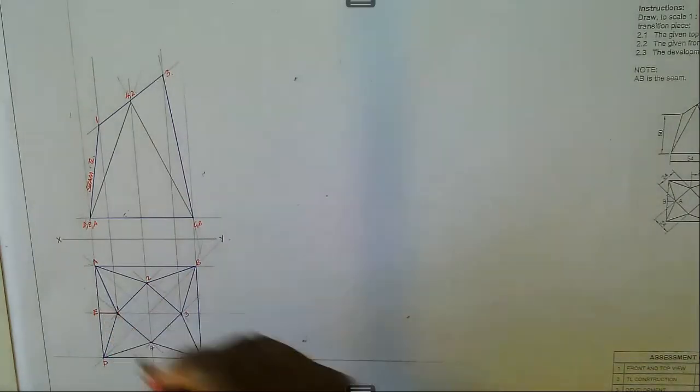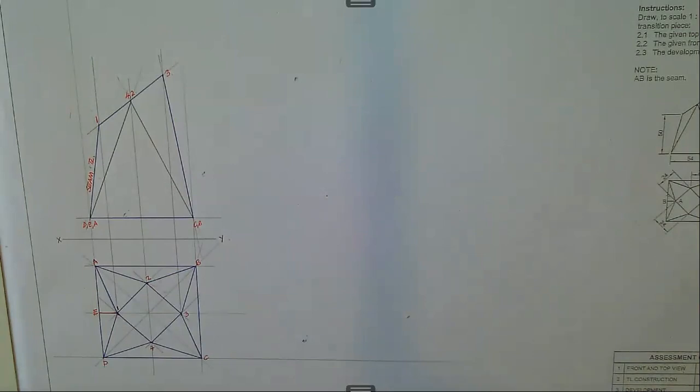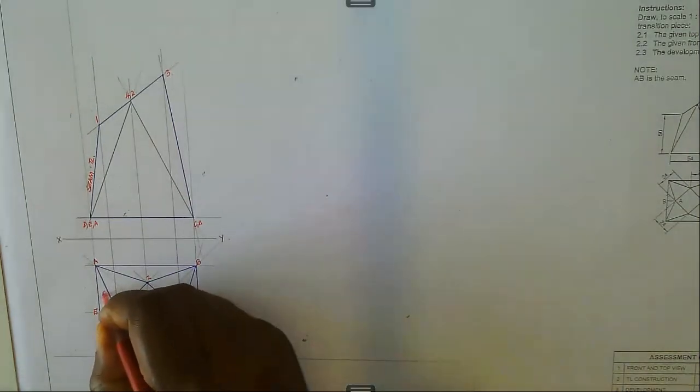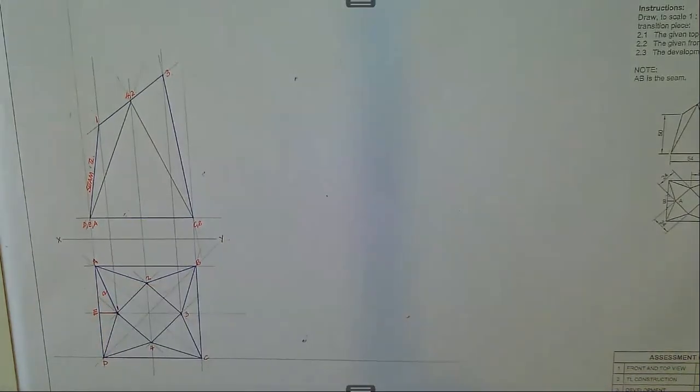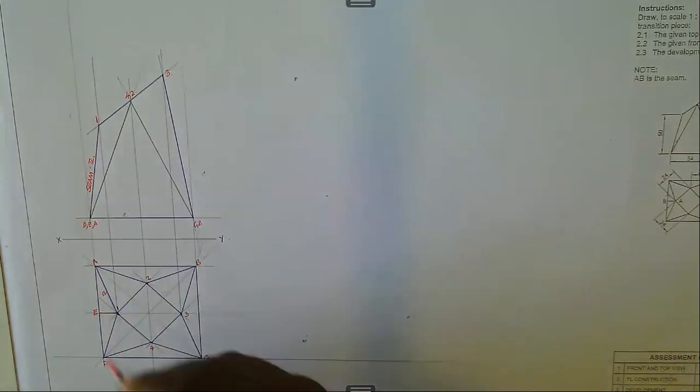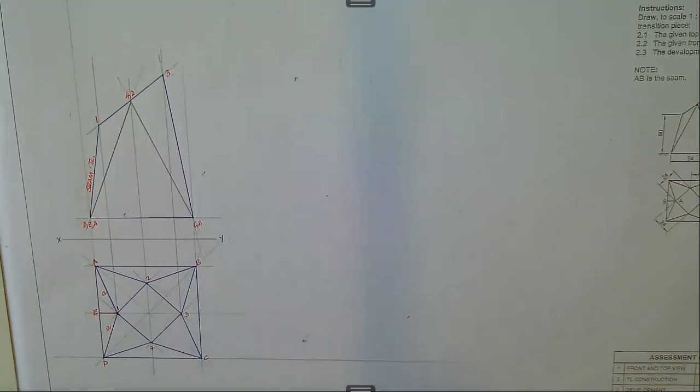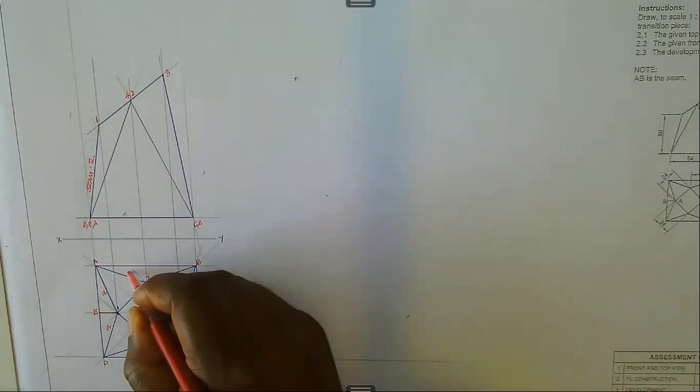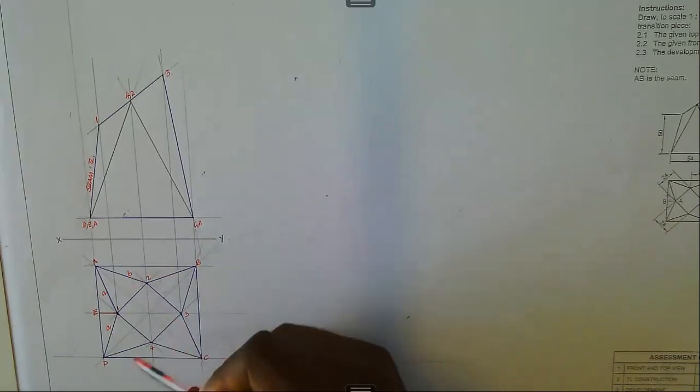Now, let me take this one. I want to label this. This is, I'll call it line A, like that. The other line, which is similar to this one in terms of size and point of connection, is this one. So this one is also line A. I would say this is line B, this also is line B, like that.